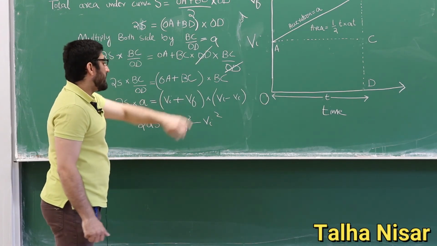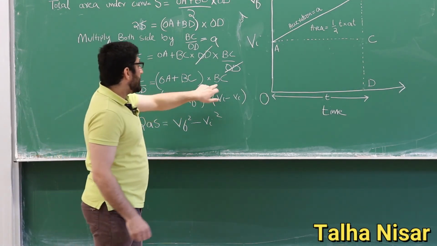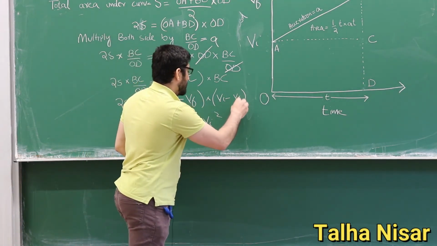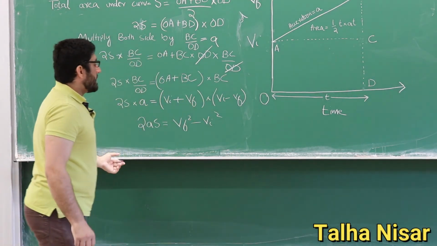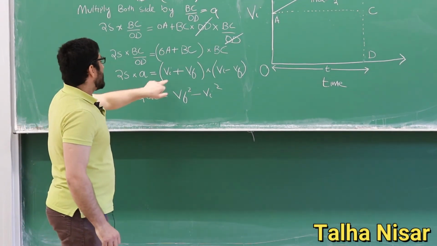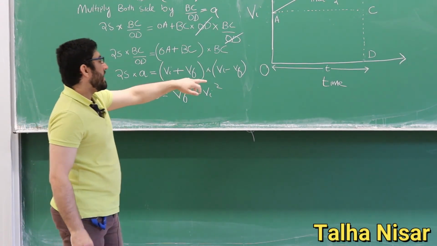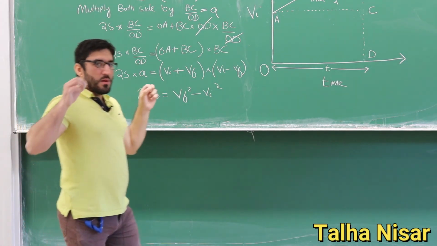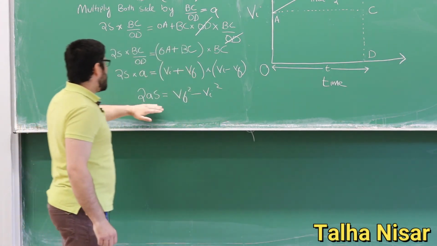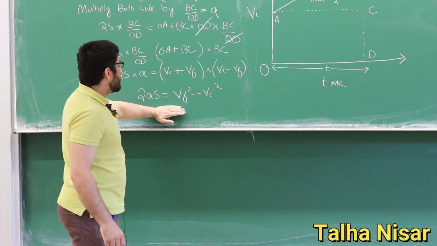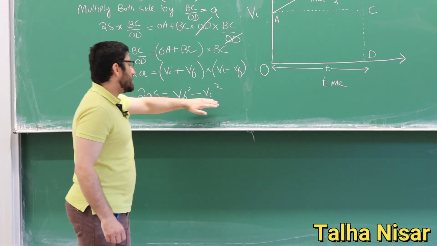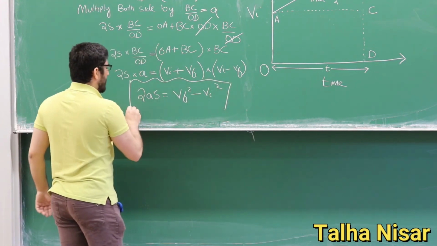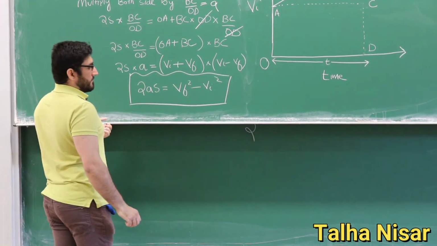We have plus final velocity, and BC here is final velocity minus initial velocity. So what do we see here? A plus B multiplied by A minus B is the same formula. We have 2AS equals final velocity squared minus initial velocity squared. This is the third equation of motion.